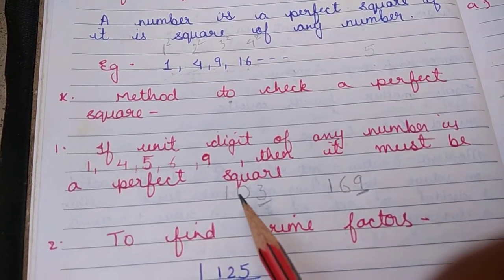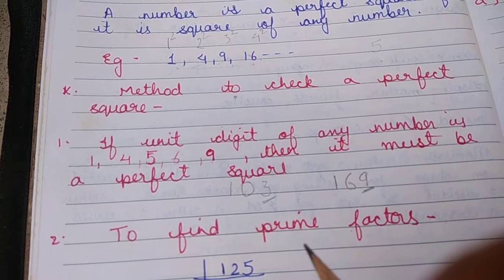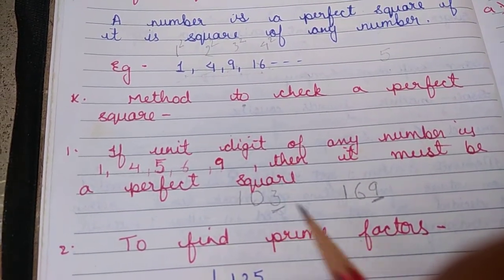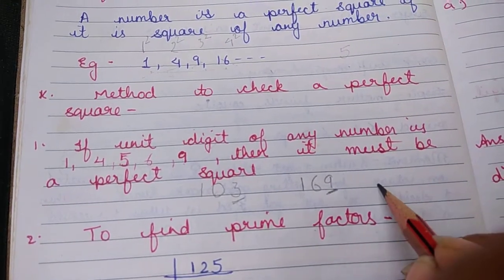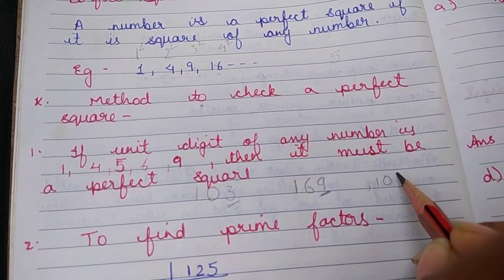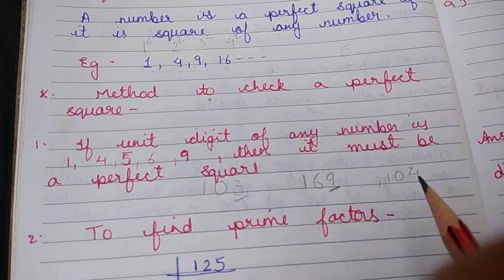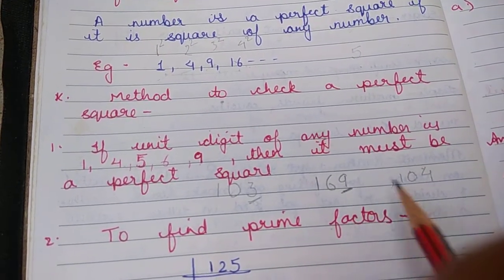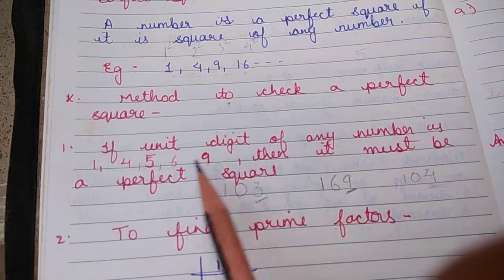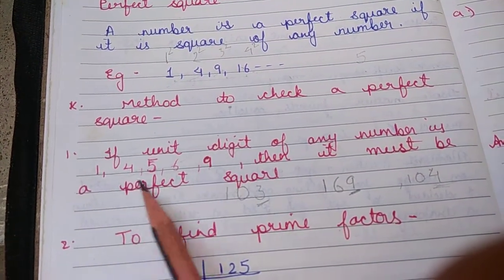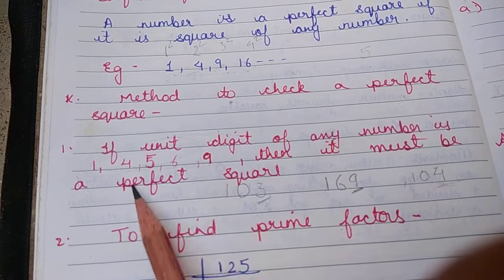I don't need to do anything else to tell that this is not a perfect square number. But here is a number 169, and I'm giving you one more number, 104, suppose. One is ending with 9 and one is ending with 4, and both digits are present in the given list.